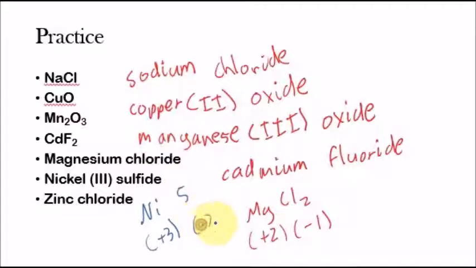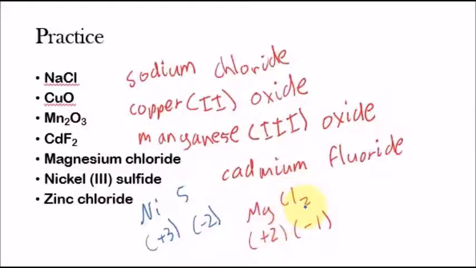Whenever we have charges like this, this is a cute little trick. When you say magnesium chloride, if you want to find the actual numbers of the atoms, we just flip. Since chlorine has a -1 charge, the number of magnesium atoms is 1.